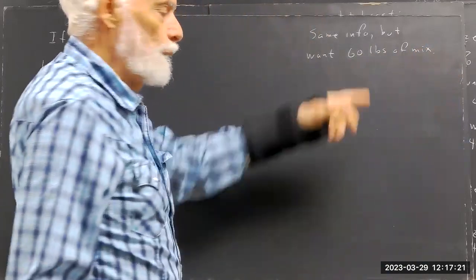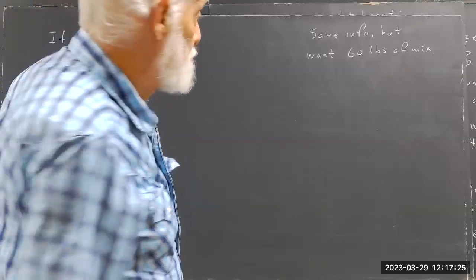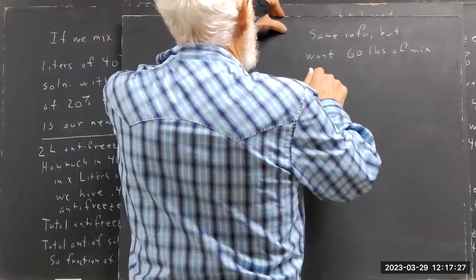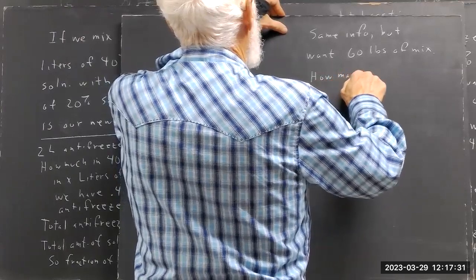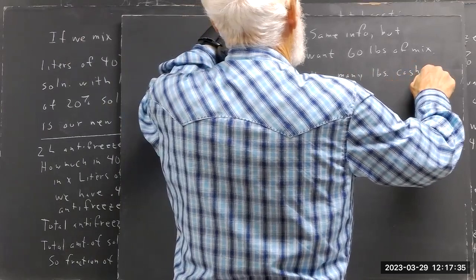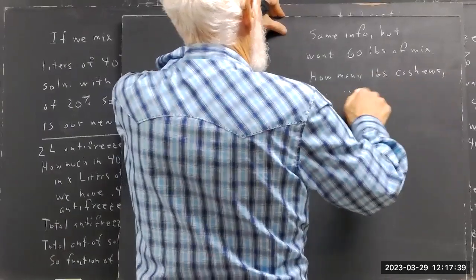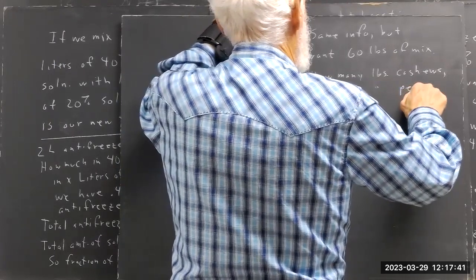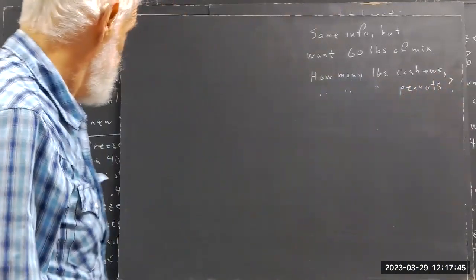Same information, but we want 60 pounds in the mix. Okay, so how many pounds of cashews? And how many pounds of peanuts?